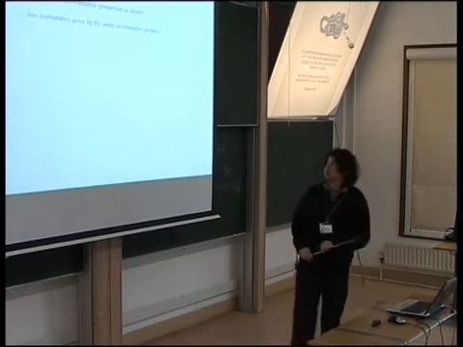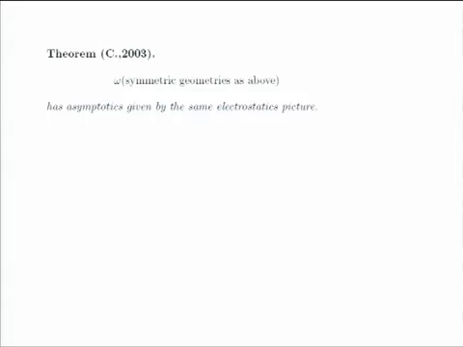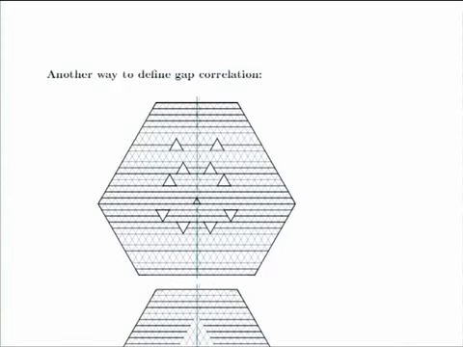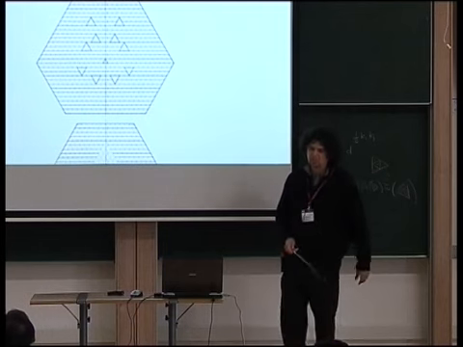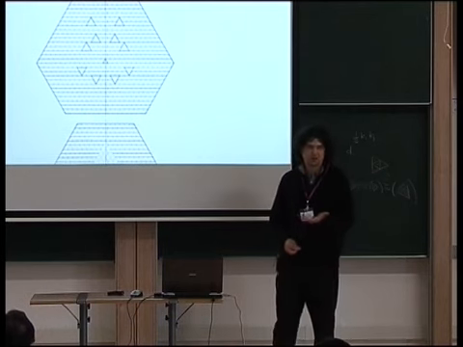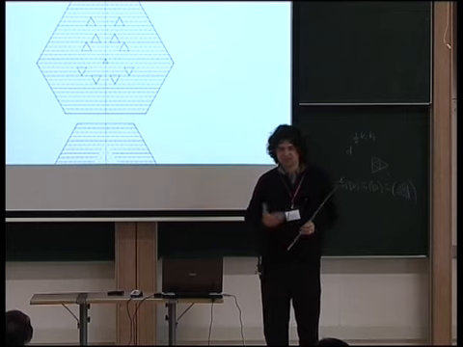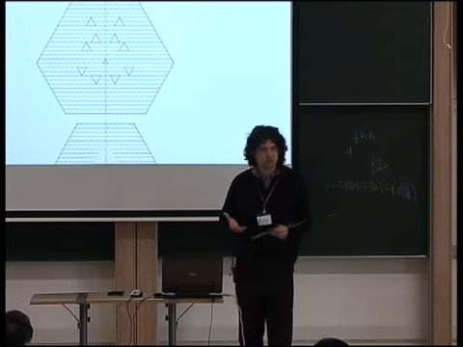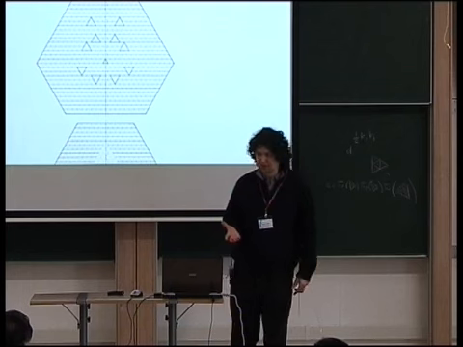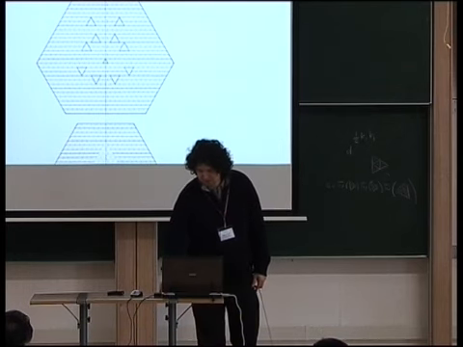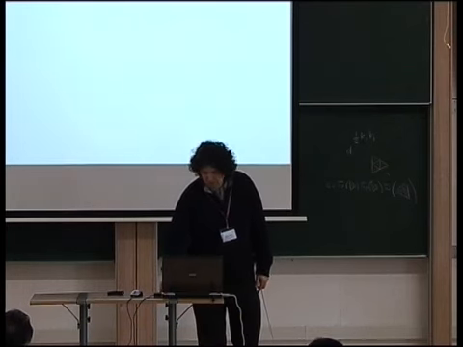Anyway, if you define the correlation function as before, I was able to show, and in fact I proved this one first, and then I proved the other one, that the asymptotics is still given by the electrostatics picture. And the presence of the monomer is interesting because it shows that there's nothing wrong with the odd holes. It's just that, for technical reasons, it's harder to get your hands onto the odd holes. But the phenomenon still works.